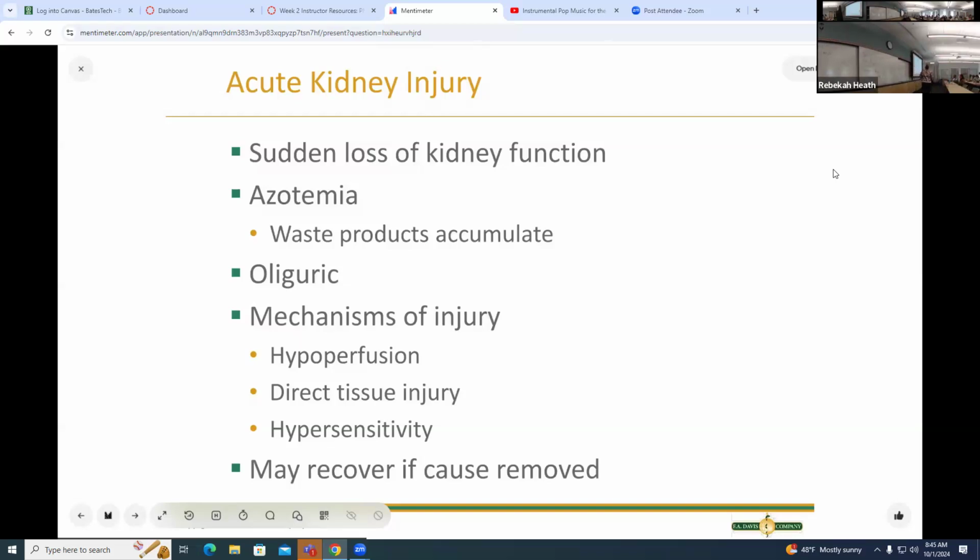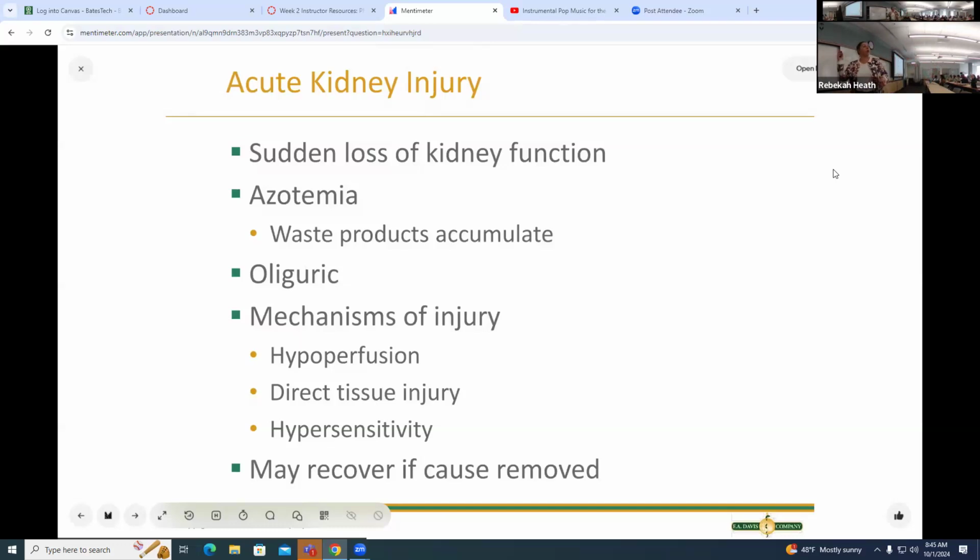So azotemia is when the waste products accumulate in the body. Acute means sudden loss, so it's usually a very sudden onset. It's not like you're slowly seeing the lab values creep up and slowly seeing all these signs and symptoms. It usually happens pretty quick.